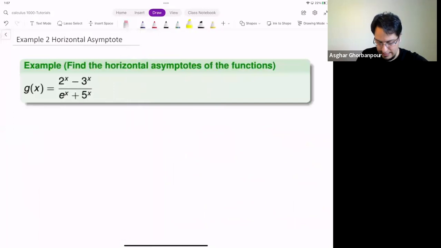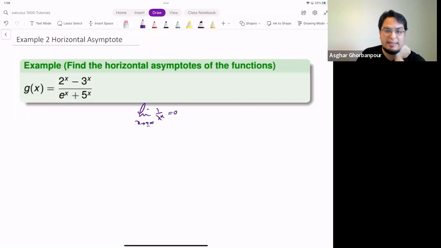Okay, another example. Oh, I like this example. You see, in the previous example, we used the fact that 1 over x to the power alpha, as x goes to plus infinity or minus infinity, is 0.